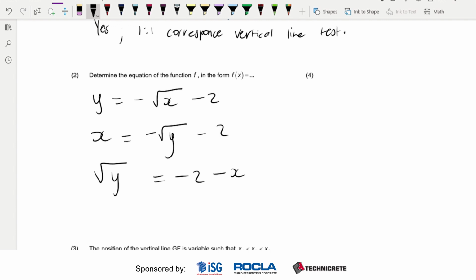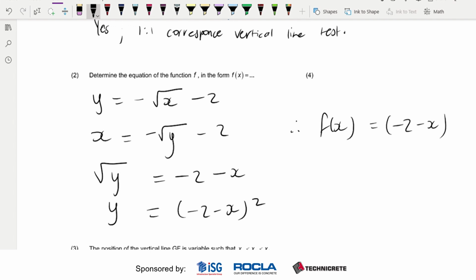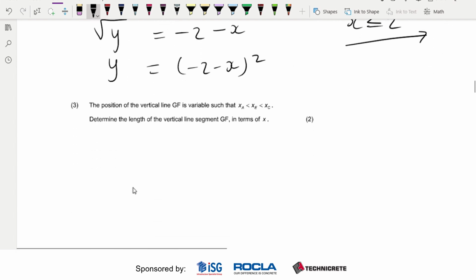So this is going to be y is equal to negative 2 minus x, squared. Therefore, f of x is equal to negative 2 minus x, squared. However, x always has to be greater than or equal to 2. Otherwise, our graph is going to be equal to 0, and that wouldn't be a function. And that is it.